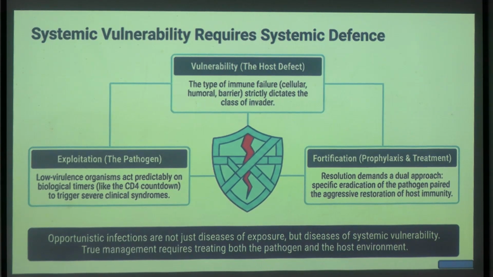Like in HIV, you have to treat the patient with ART. In malnourished patients or any other immunosuppressive condition like uncontrolled diabetes, we have to treat the cause first, not just the bug. Yes, we will start prophylaxis, but you also have to treat the underlying predisposing factor.